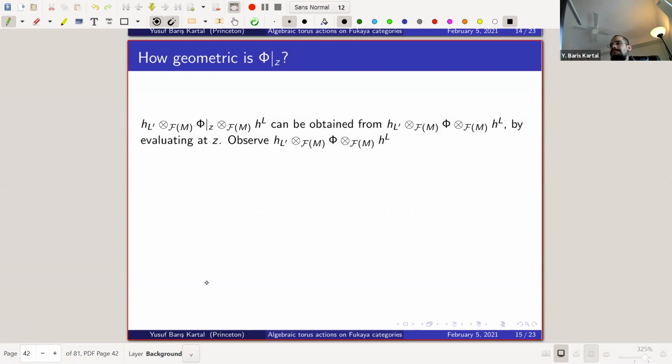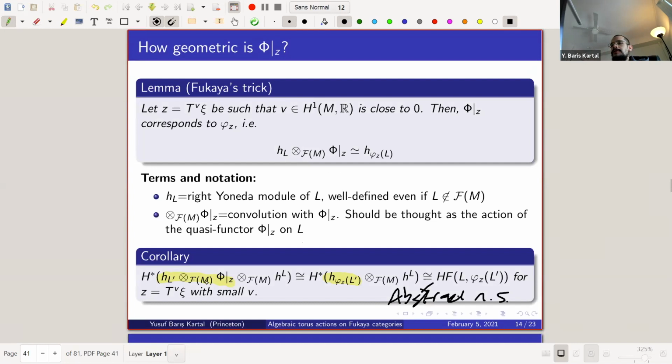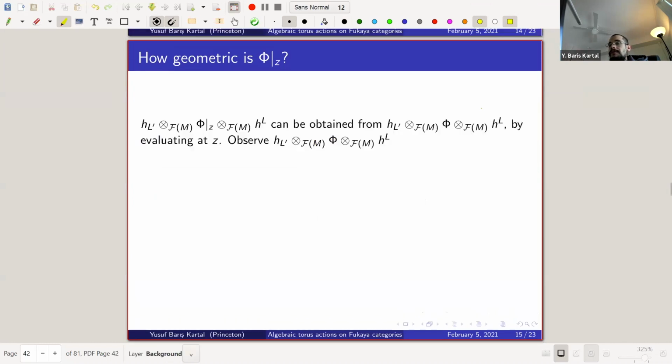I also refer to this property, capital phi restricted to Z, as being geometric, in the sense that it corresponds to an actual symplectomorphism. It gives you what an actual symplectomorphism does. But it's an informal term.